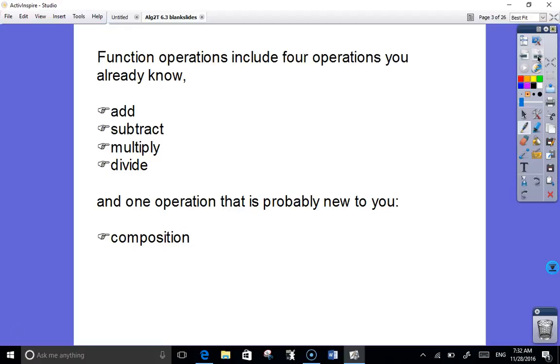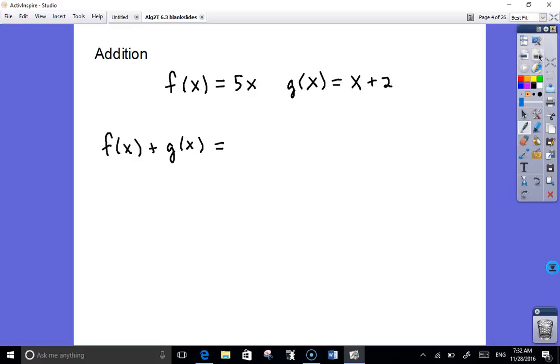Okay, so here's addition. f of x equals 5x and g of x equals x plus 2. What do you think it means to say f of x plus g of x? Your intuition would probably be right: just add them up.